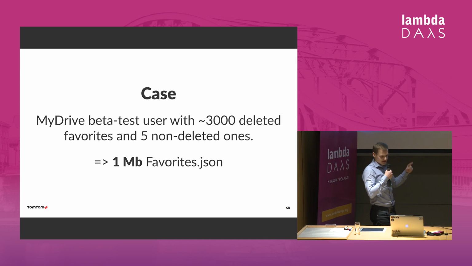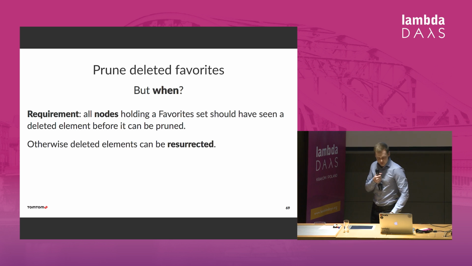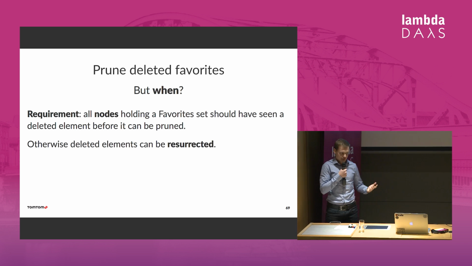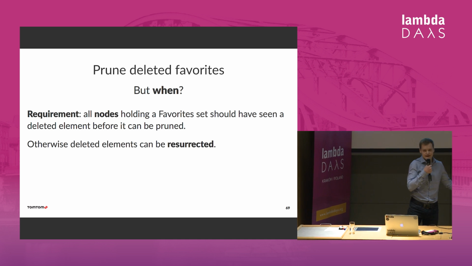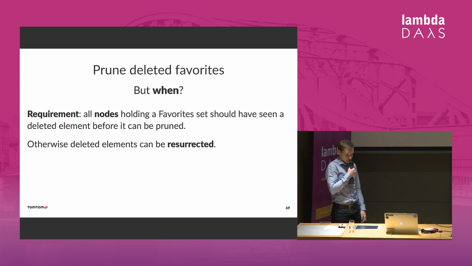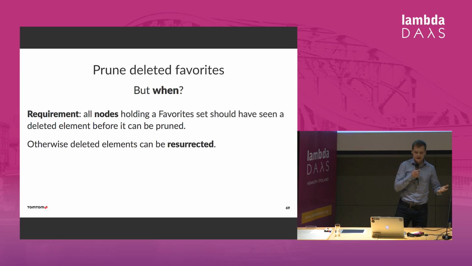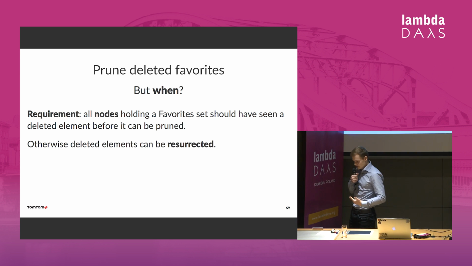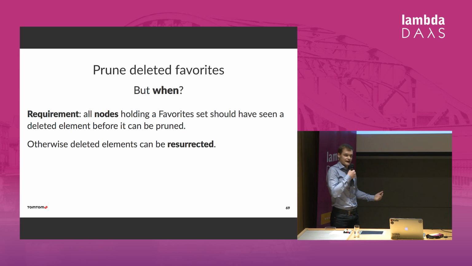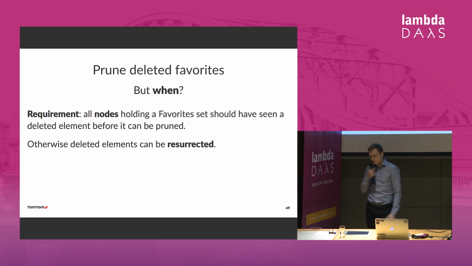And imagine that it comes and goes via the wire. So we can argue, okay, we want to be able to prune the deleted elements. In the end, they don't bring that much value to us. The question is when. We can say that the requirement probably should be that all the clients have to observe that deleted element.